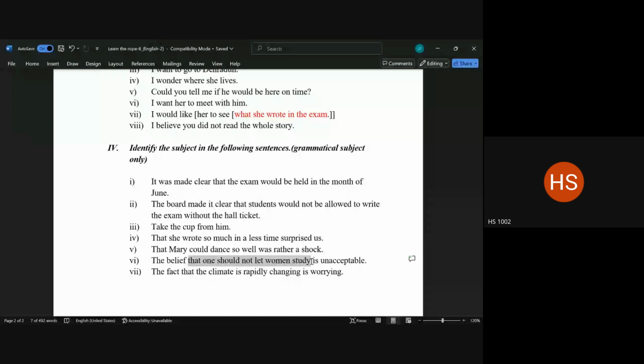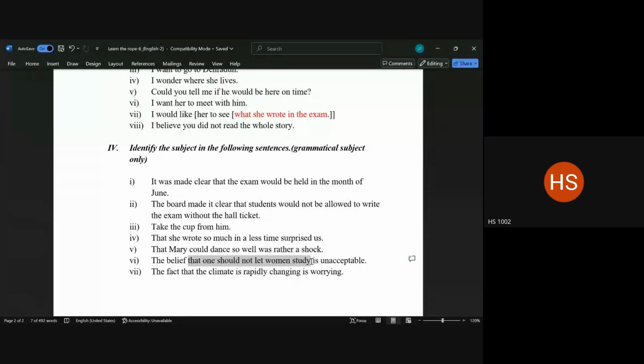Because see, there are other reasons we are not going to get into, but one clear-cut reason is that when you're looking for a subject in a sentence, you usually look for nouns, right?